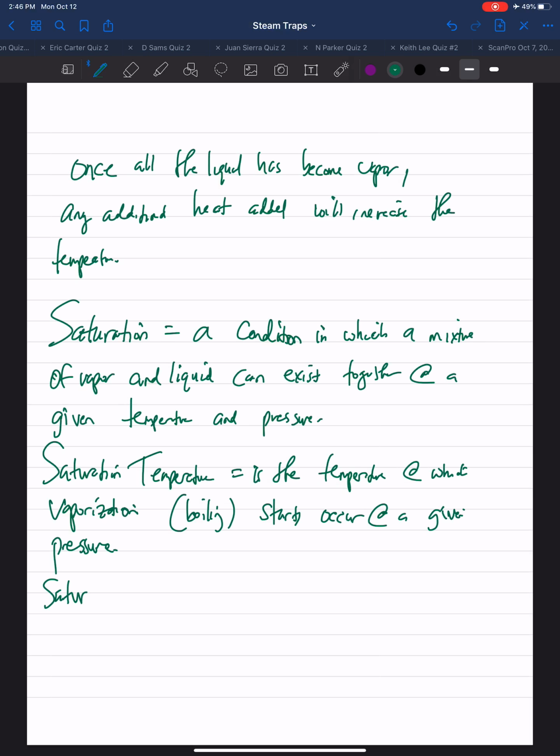Likewise, saturation pressure is the pressure at which vaporization starts to occur at a given temperature.